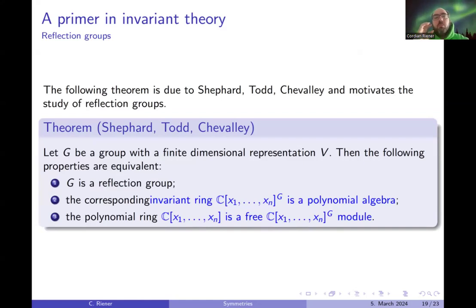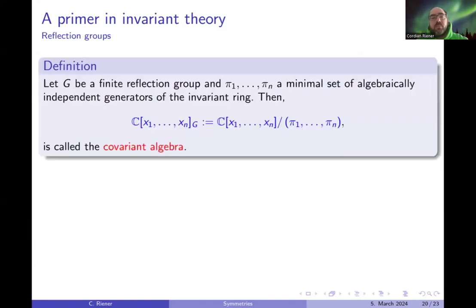This very beautiful theorem, which we will not prove, tells us that there are some groups that are very well understood, for which invariant theory becomes very beautiful and very easy to understand. In all other cases, apparently, this is not the case, and there is much more work that is necessary.